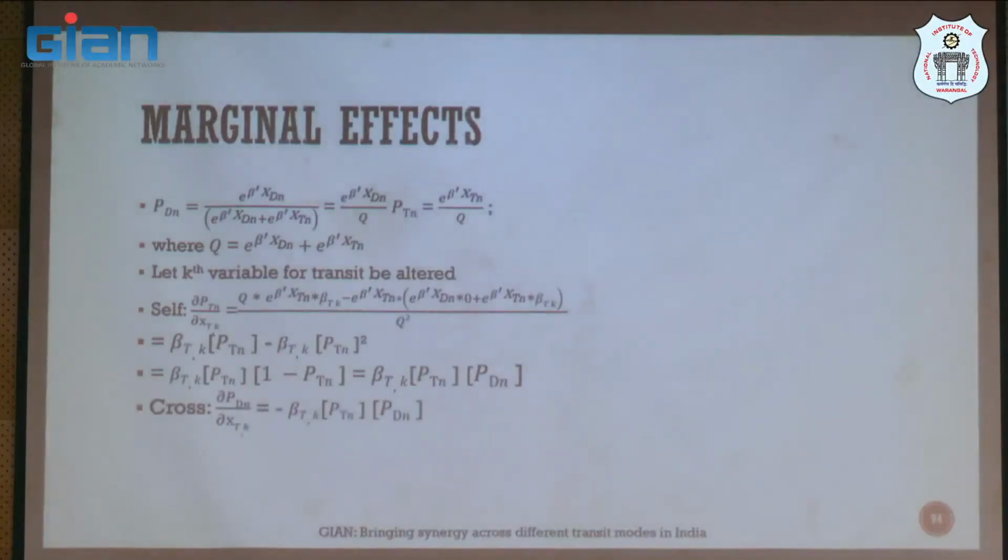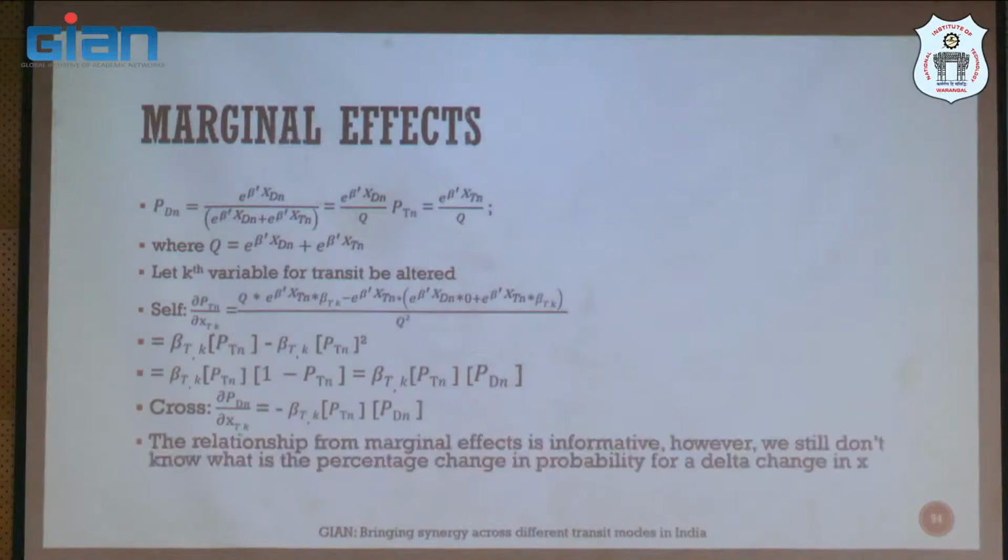Again, the cross elasticity will just be minus of Z. So again, marginal effects are good, but the small problem is, what is that small change, right? How much am I changing the cost, and what is the percentage? What is the change?